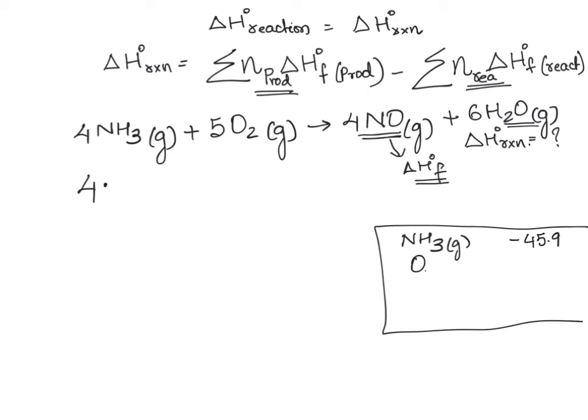For oxygen, remember it's an element, so delta H of formation in standard state for element is 0. For nitrogen monoxide, 91.3. And for water vapor, negative 241.8.